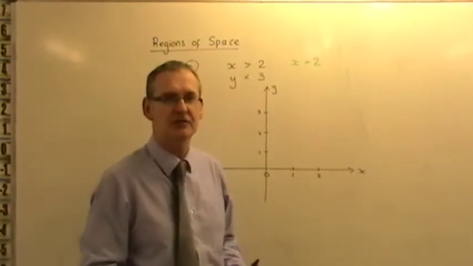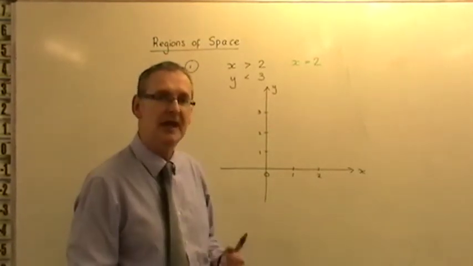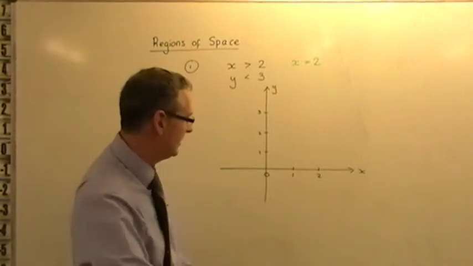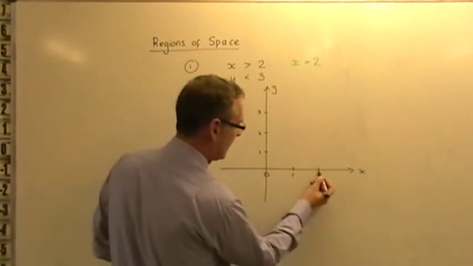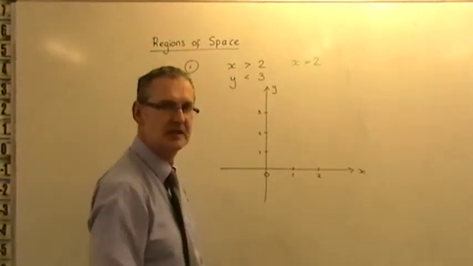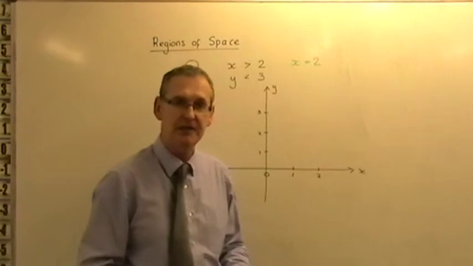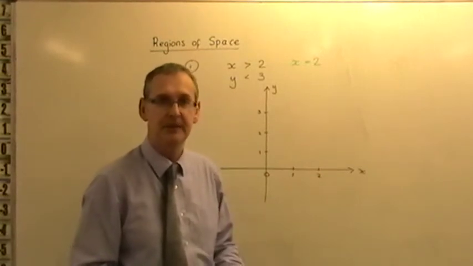Now if you think about your straight line graph work, x equals 2 is very simple to draw. It's simply going to the x-axis and you draw a vertical line at 2 on the x-axis. Now, the line that I draw can either be solid or it can be dotted.